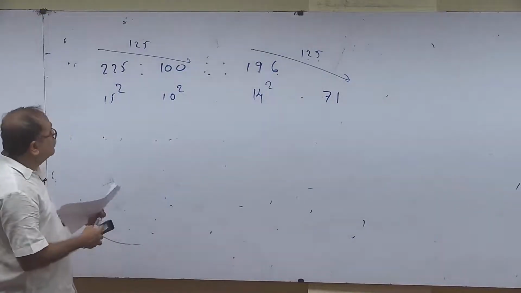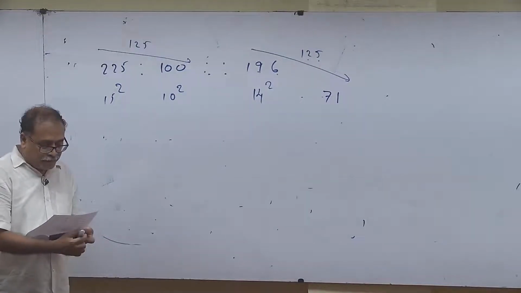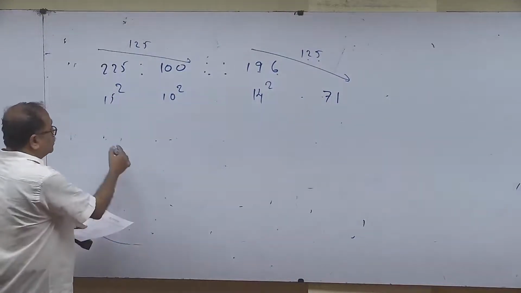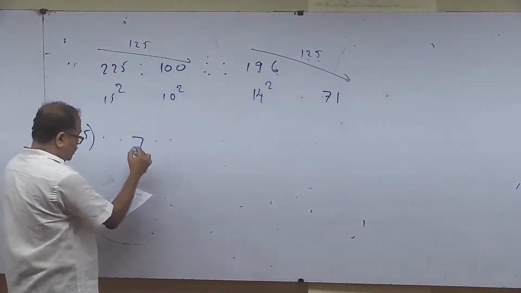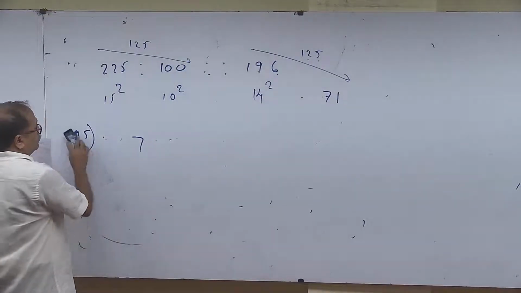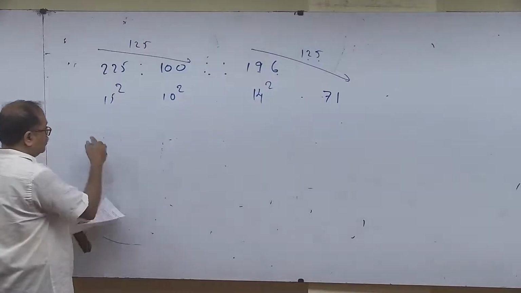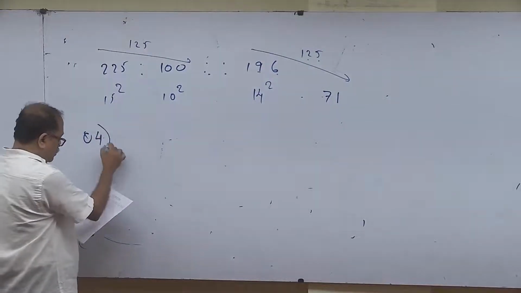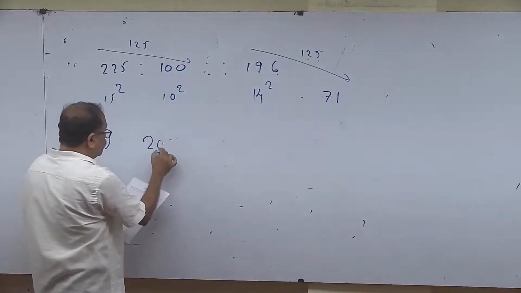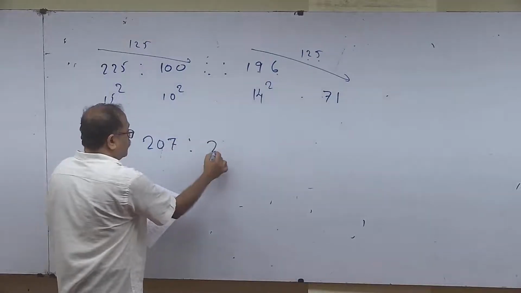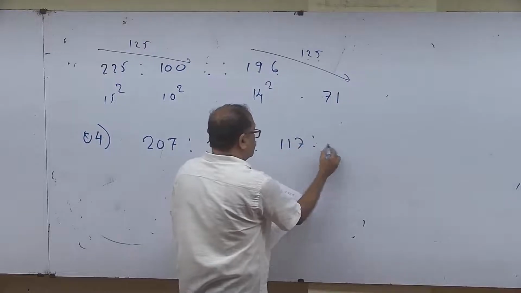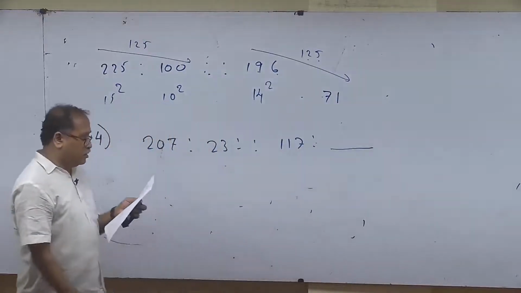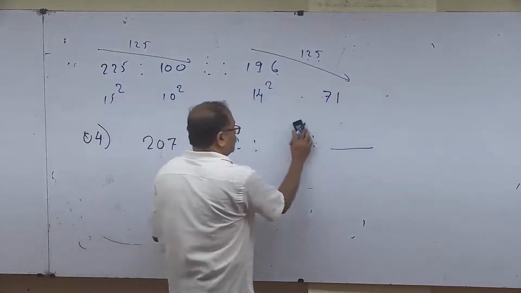Next one, question 4. That is 207 if written as 23, then 117, 171.